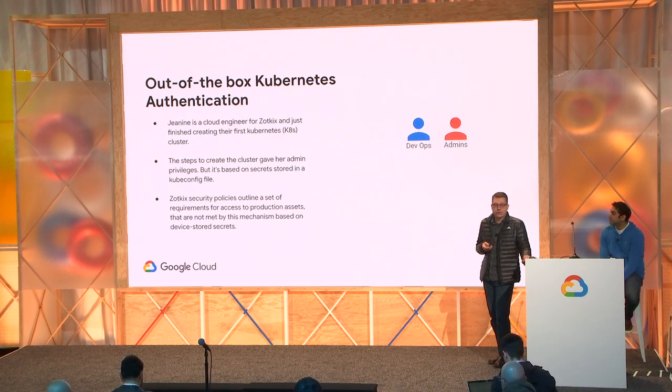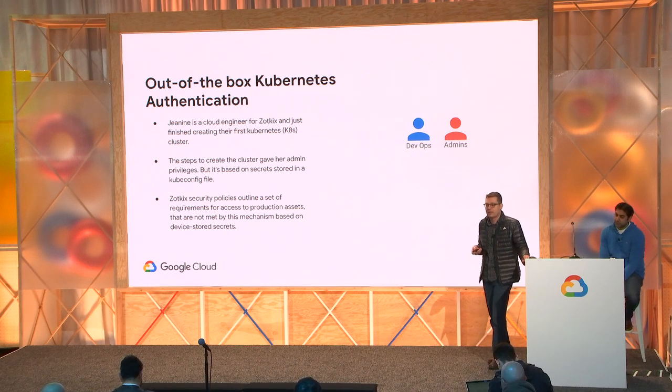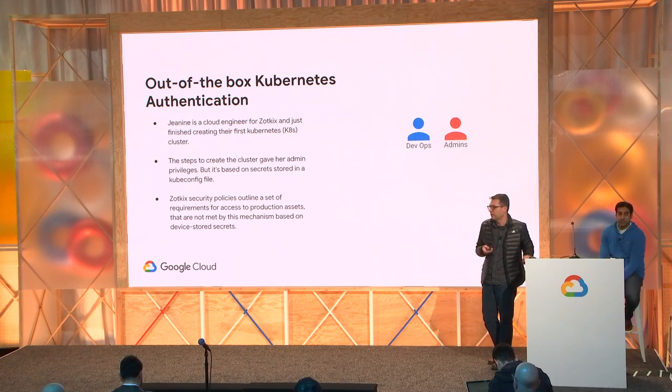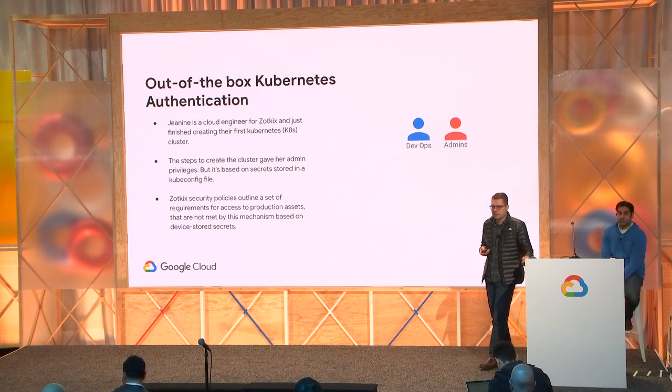But Zotkicks security policies outline a set of requirements for access to production assets. And these requirements are not met by secrets stored in configuration files in administrators' laptops and other devices. So we need to find a different solution that is enterprise compatible and compatible with the security posture of most enterprise environments.